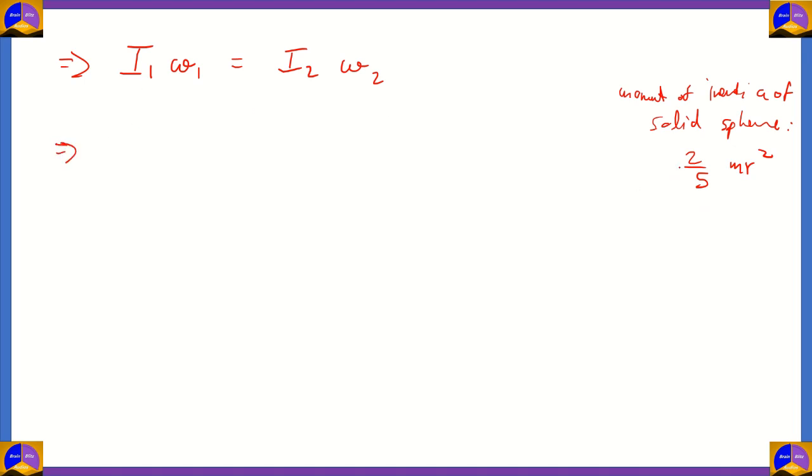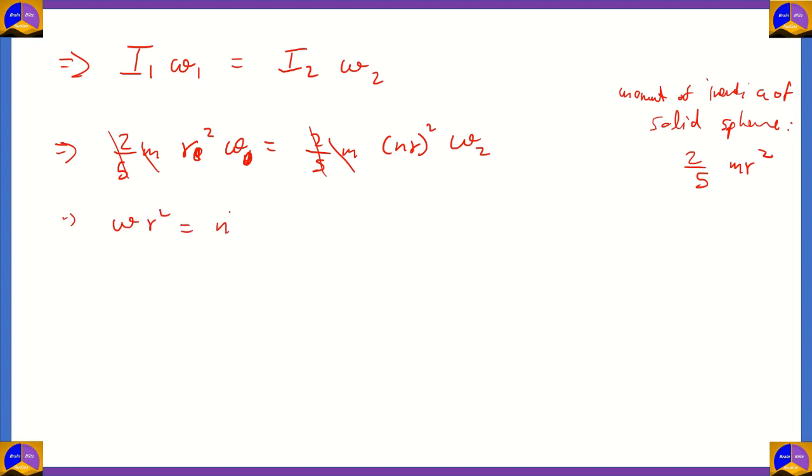So when we apply the formula for moment of inertia of a solid sphere in the equation, you'll get 2 by 5 times m times r squared times omega 1, which is omega, equal to 2 by 5 m times nr the whole squared times omega 2. So 2 by 5 and m get cancelled. So you get omega r square equal to n square r square omega 2. So we can cancel out r square here.